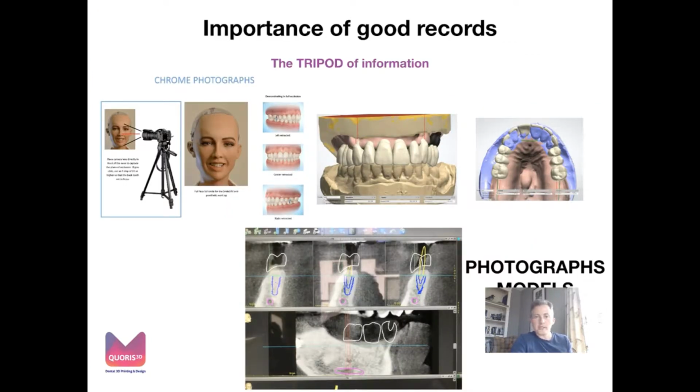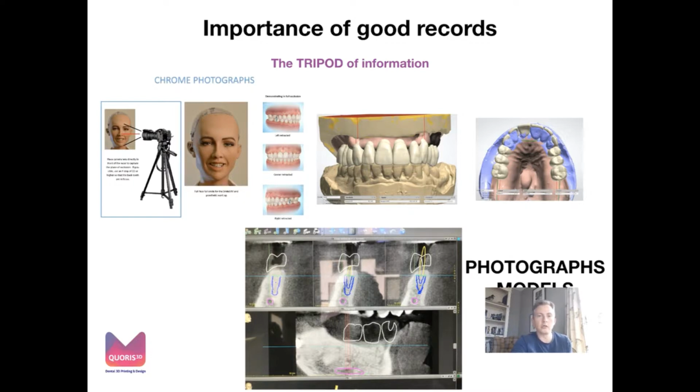No matter what case, whether it's a dentate case or an edentulous case, we have to start at the start. And the very first thing is the importance of records, which I have called the tripod of information. That is made up of three individual elements: photographs, models, and the CBCT information.